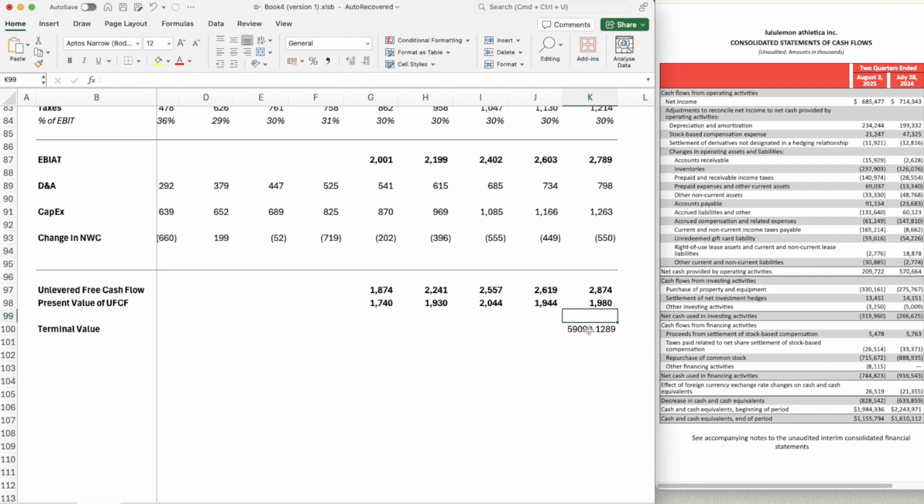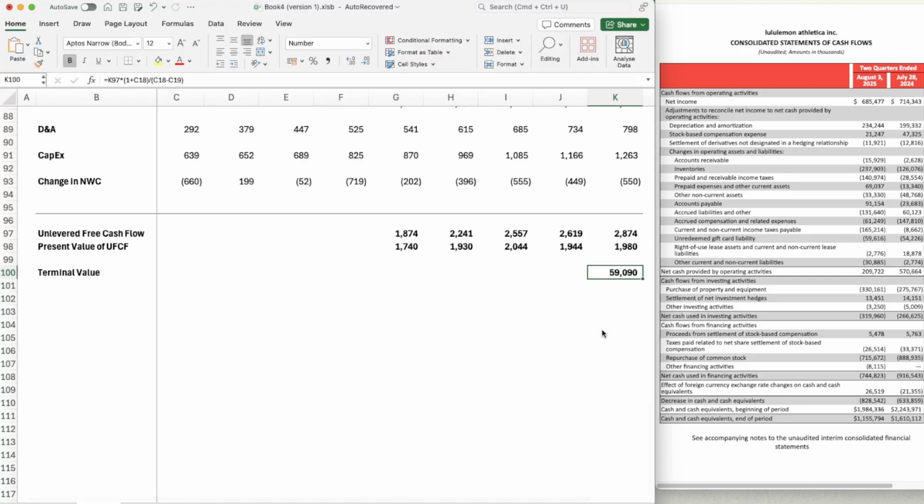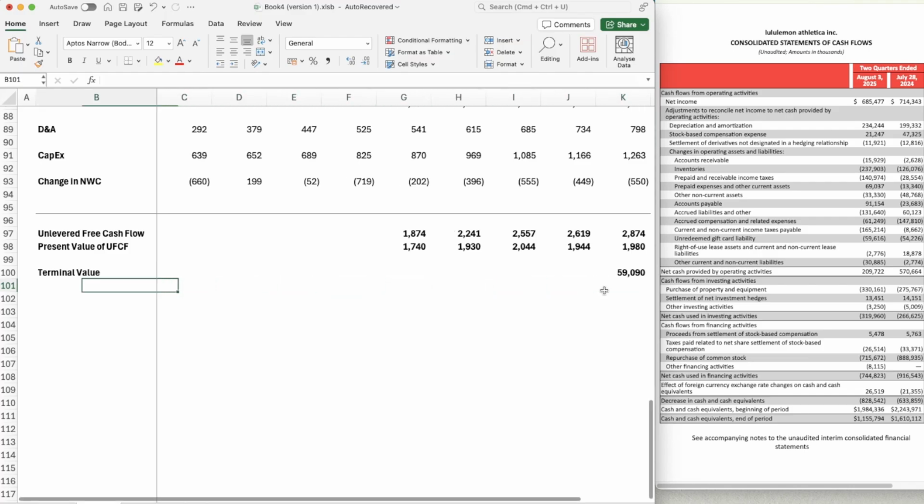So this is saying the terminal value. Once we start going on to that terminal growth value of that 2.5%, in perpetuity, this is what Lululemon will be worth based on the cash flows we've generated. We want to find a present value for that now.